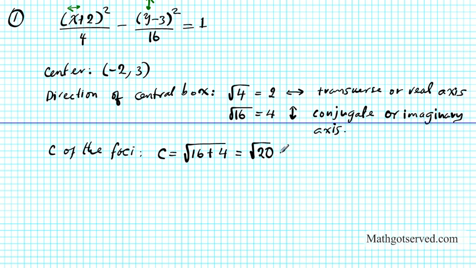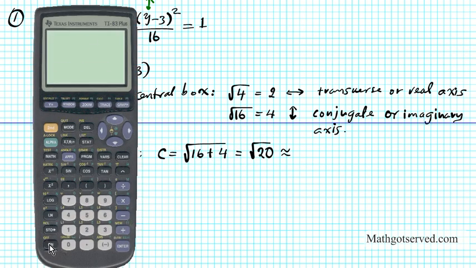Now, in order to be able to graph this, we need an approximate value. So let's bring out our calculators and see what the approximate value of root 20 is going to be. I'm going to have you all express your decimals in two decimal places, to the hundredths place. So the square root of 20 is 4.47. So that's what C is.